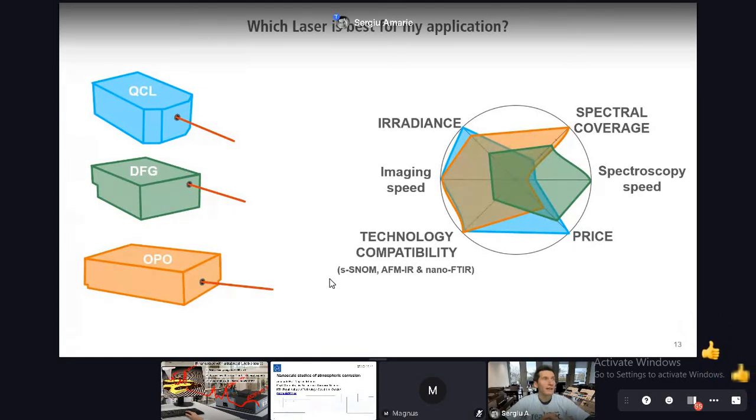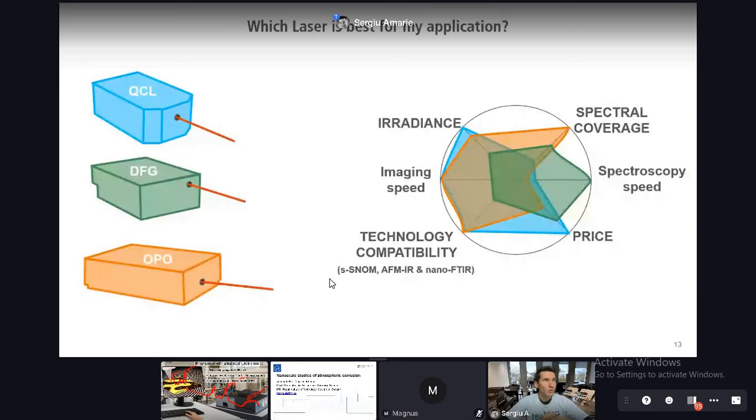DFG is difference frequency generation, which means you take two different lines, frequencies, and build the difference out of them. Because it is much easier to build lasers in the visible or near-IR spectral region, you take those frequencies, and by making the difference, you generate IR frequencies.